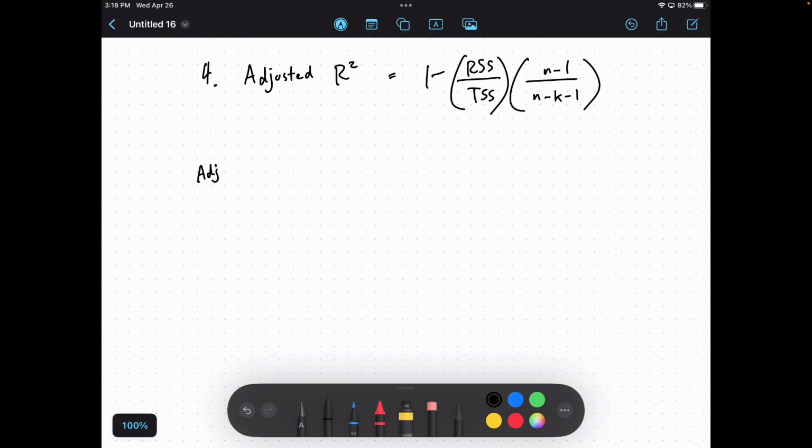So let's talk a little bit about what the different types of criteria do for you: adjusted R squared versus AIC, Cp, BIC.